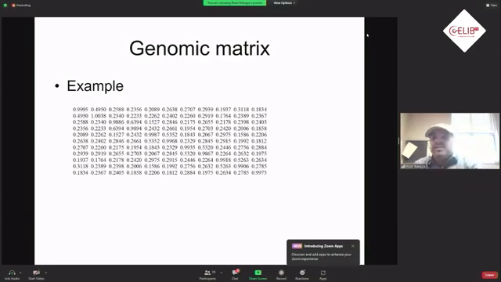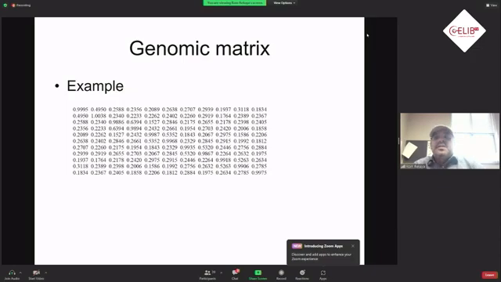If you look at this example, let me go over a few numbers. The first diagonal element, 0.9995, is the relationship of animal number 1 with itself. The second term, 0.4950, is the relationship between animal number 1 and animal number 2.